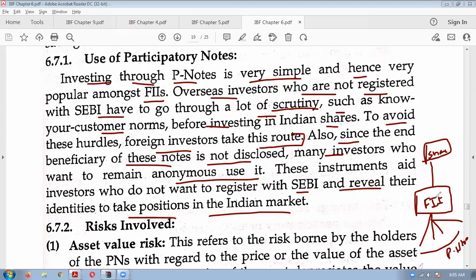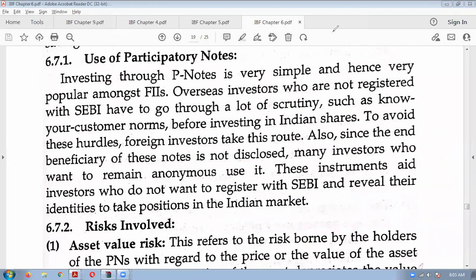Now, shares are purchased by the FII. So shares will be with them, and for these shares they will issue P notes. So the ultimate persons who are investing are not disclosed in the Indian stock market. Okay, this is one of the biggest disadvantages of P note. Why, that we'll understand.